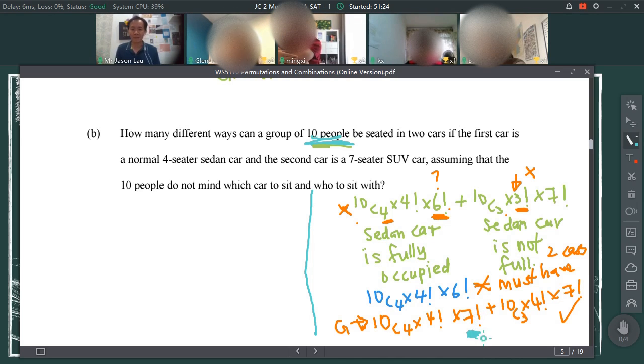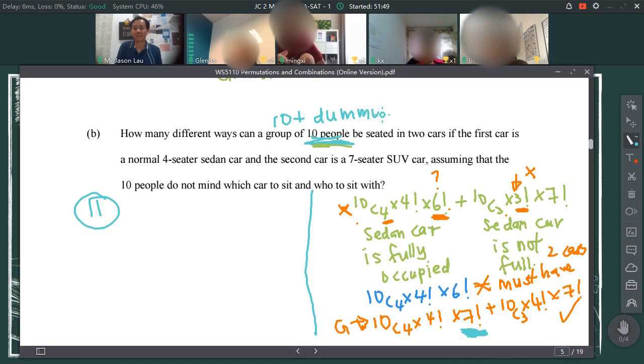So actually, whoever is doing this working knows the concept of the dummy object. Missy, your school learned this dummy object strategy. You can actually use 11.